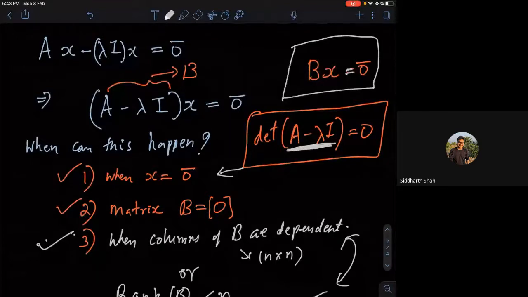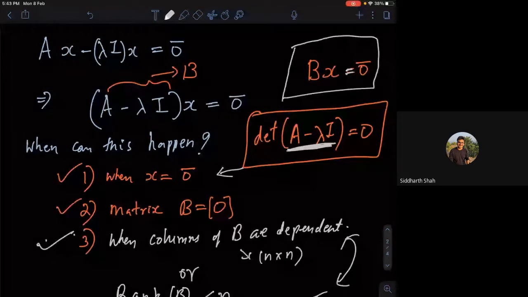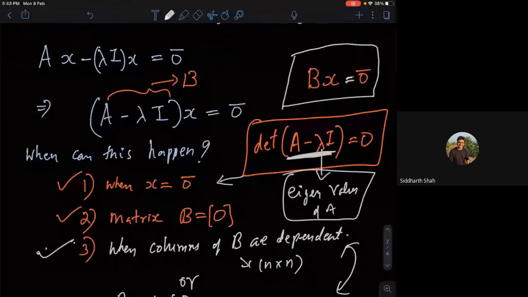We know how to find the determinant, and I'm going to use this fact. I am interested in finding those lambdas such that the determinant of A minus lambda I gives me 0. That will give me all the lambdas which make the determinant 0, and these will be the eigenvalues of this matrix A. That's the crucial factor.